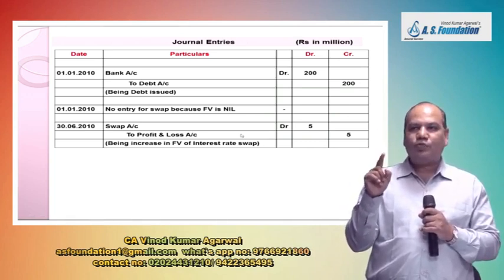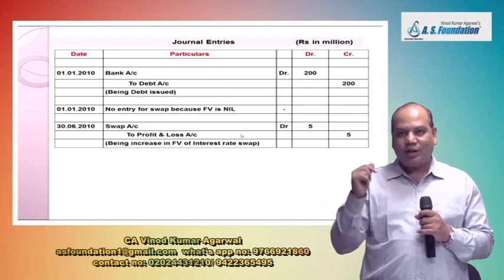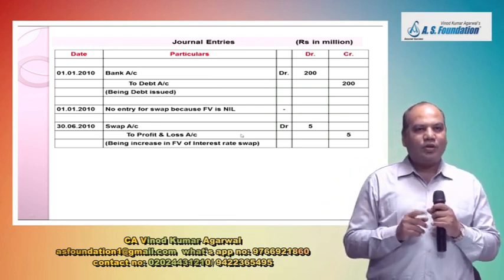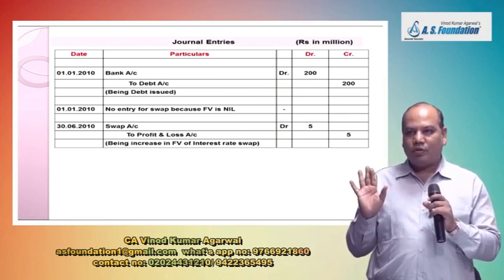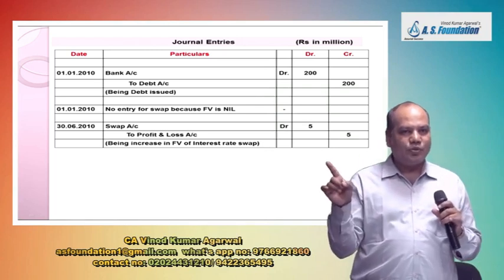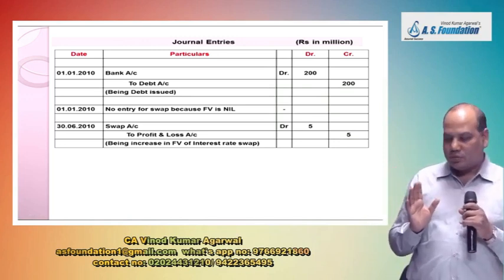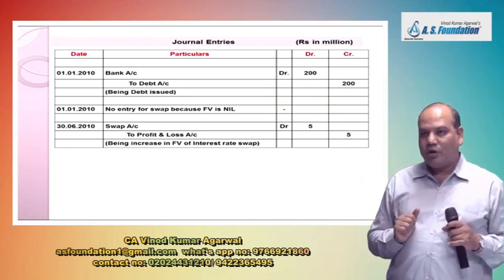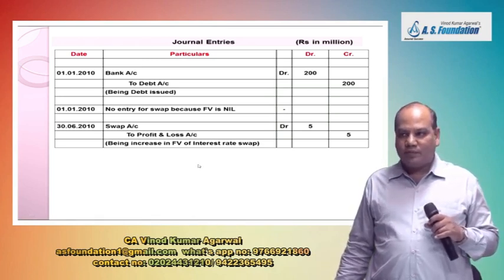If it is used for hedging an equity instrument which is designated as FVTOCI, then the fair value of the derivative goes to OCI. Otherwise, in a fair value hedge, all change in the derivative will go to profit and loss account.